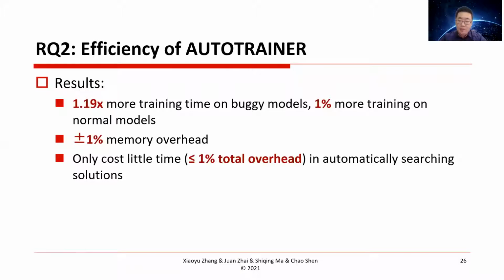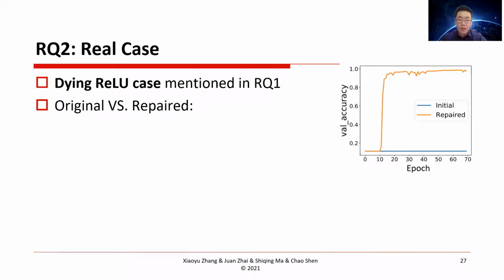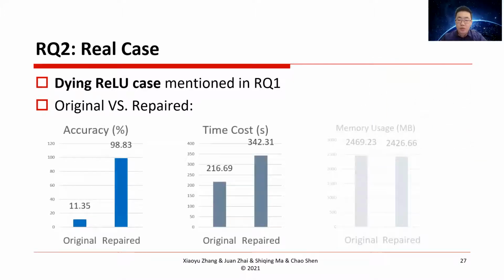Compared with the current strategies, which require lots of manual operation and are time consuming, the cost of AutoTrainer is quite low. Here is a real dying ReLU case mentioned in RQ1. The following bar charts show that AutoTrainer uses 0.58 times more training time and obtains 9 times higher accuracy than the original model, but their memory costs are nearly the same.